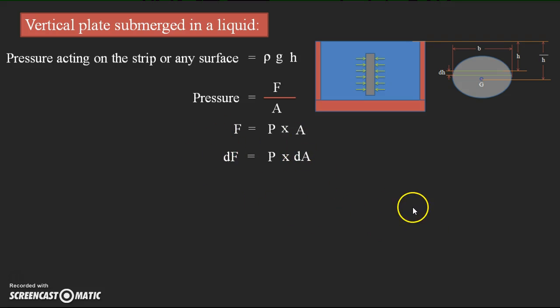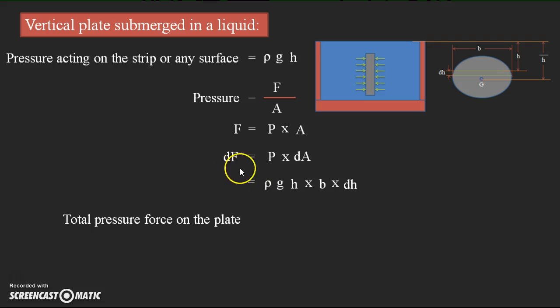And P is equal to rho g h from the hydrostatic law, so dF equals rho g h into dA. In place of dA again we can write b into dh. The area of the elemental strip is width into height, that is b into dh. So that is the elemental force.